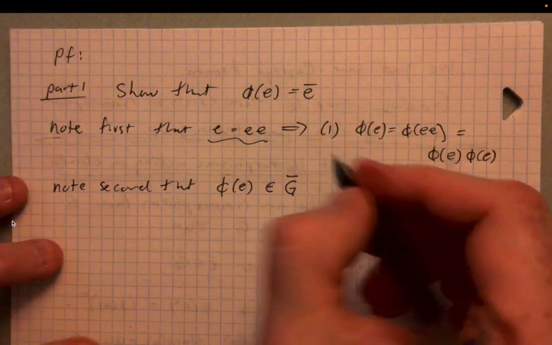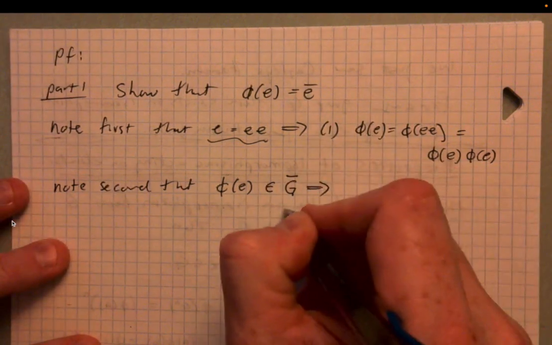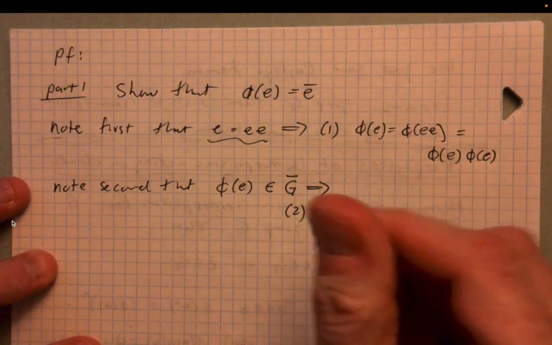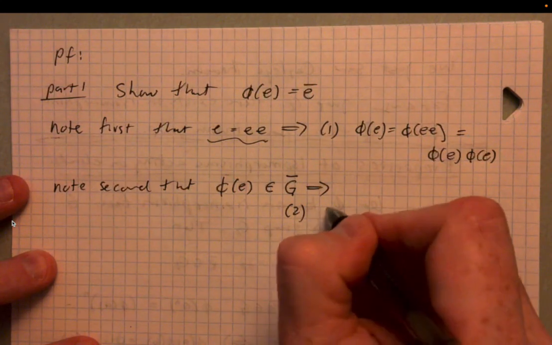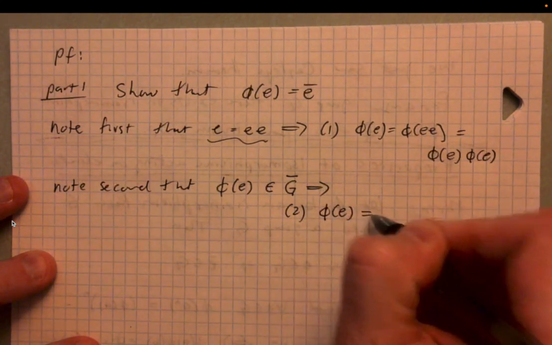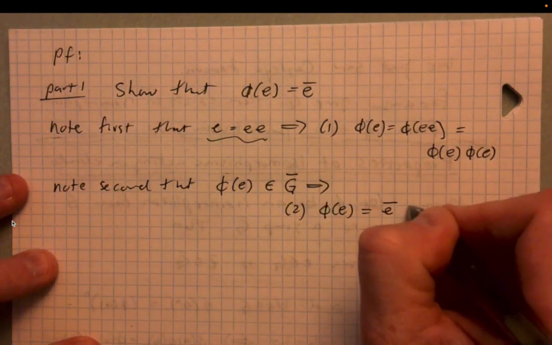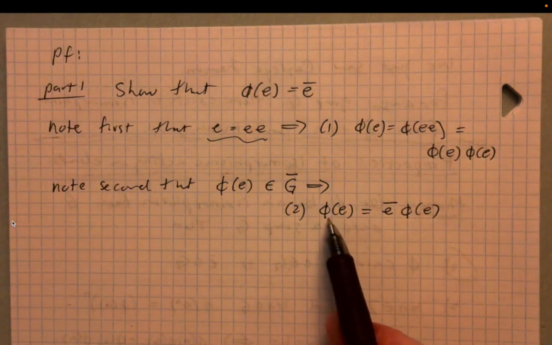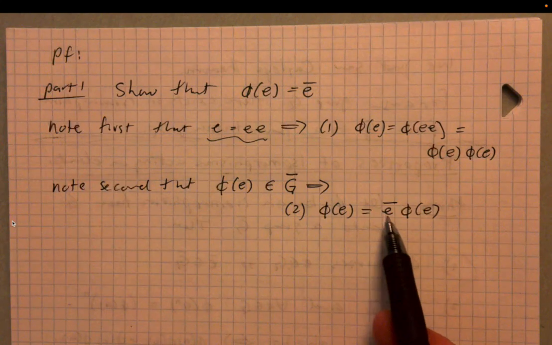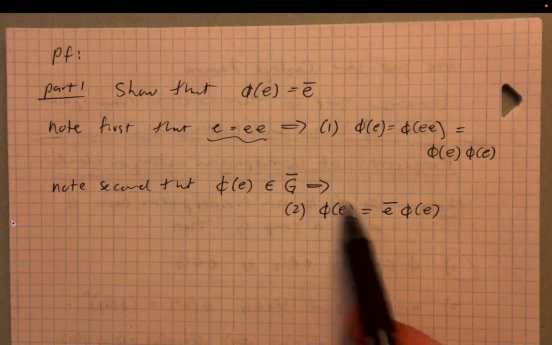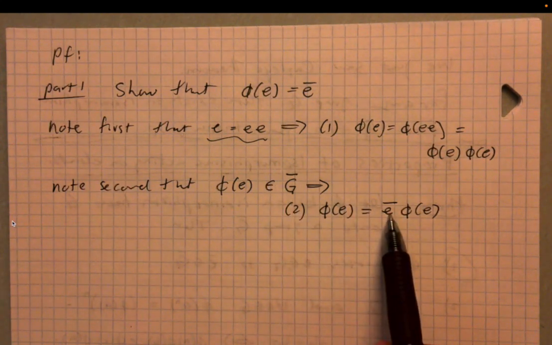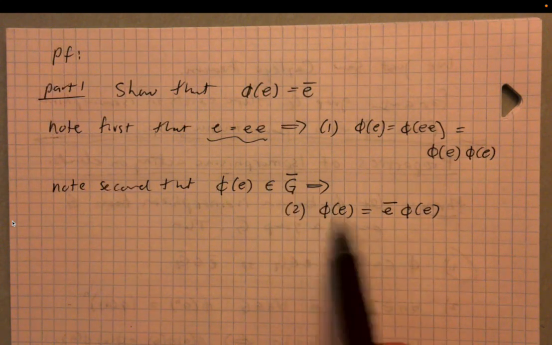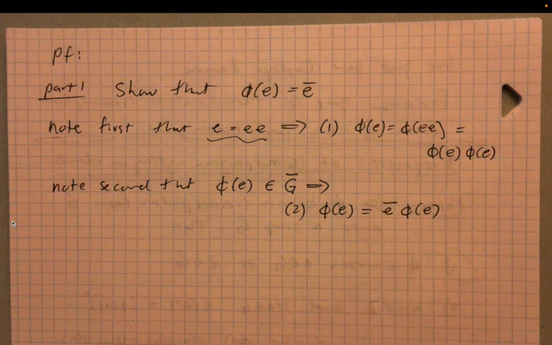From there we get item 2, which we need, which is that phi of E is equal to E bar times phi of E. Remember, phi of E is in G bar and E bar is the identity in G bar, so obviously this is true. You're taking something in G bar and multiplying it by the identity, so this works out.